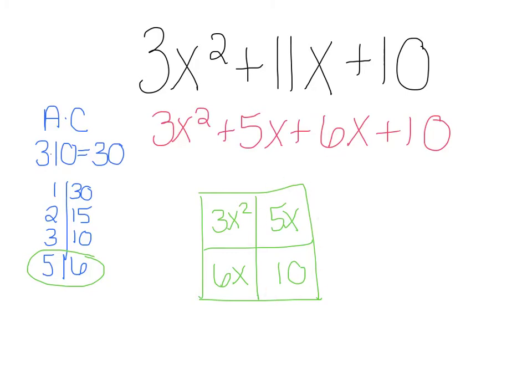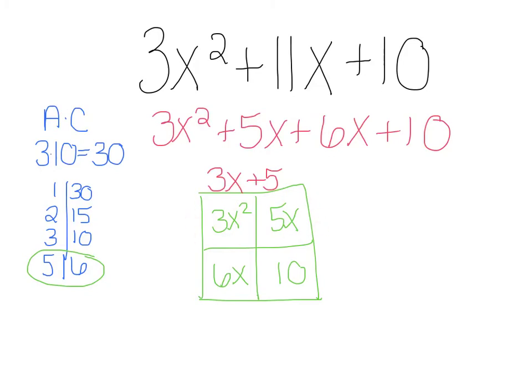So I can see that in the first column, I have a 3 and a 6, so 3 is my GCF, and I have an x squared and an x, so I have x. 3x is my GCF. In the second column, I have a 5 and a 10. 5 is the largest number that goes into both, and since there's not an x in both, we can only do 5. It's a positive 5.